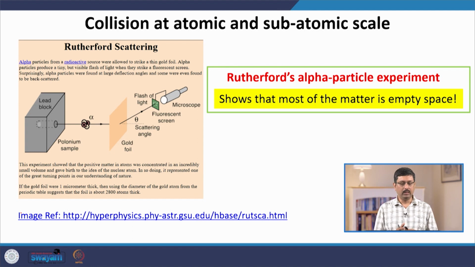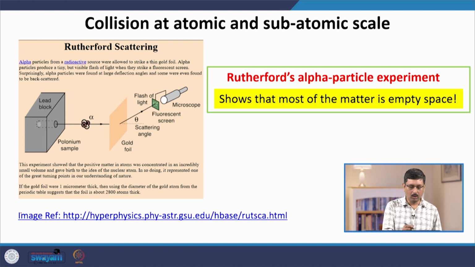For example, here we mention the famous alpha particle experiment by Rutherford, which shows that most of the matter is actually empty space. From the mechanics point of view, this is an experiment in which there is a collision between the alpha particles and the nucleus of the atoms in the gold plate.